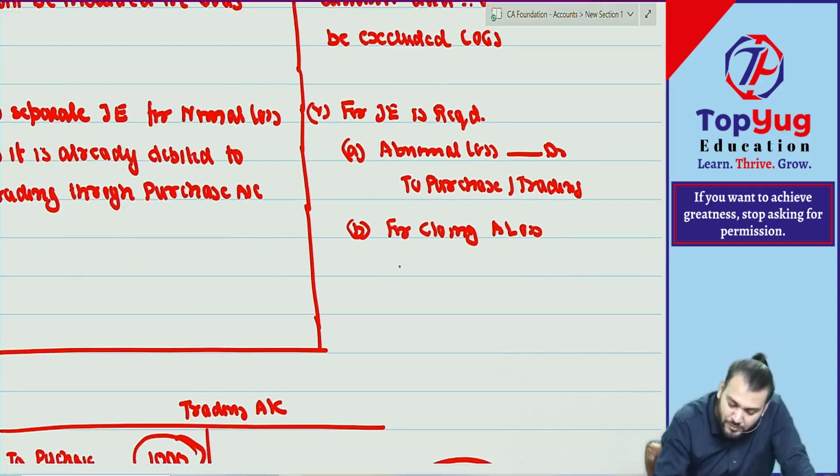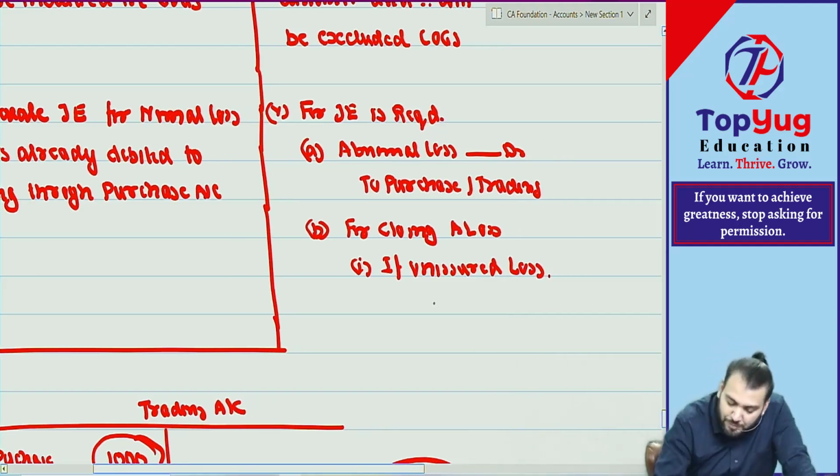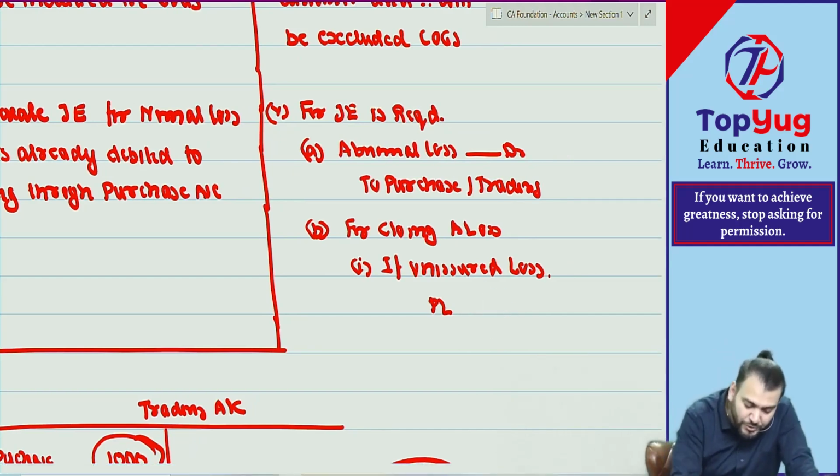So first write down if uninsured. Can you see, if uninsured, nothing is recoverable from the insurance company, so the entire amount becomes loss. The entire amount will be debited to PL account. Correct? Then we'll say PL account debit to abnormal loss.